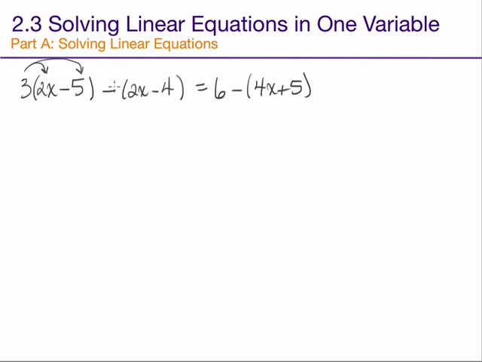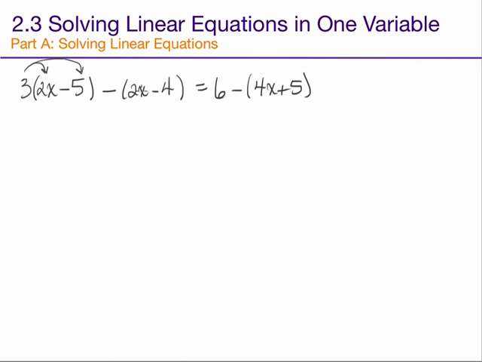Or I can write the invisible 1 in front of the parentheses and distribute by multiplication the -1. -1 times 2x, and negative 1 times negative 4.